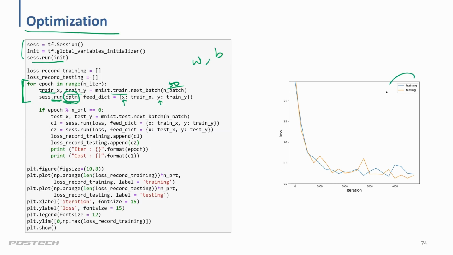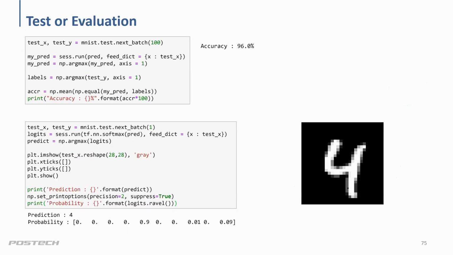I plotted it, and as you can see, the loss value is decreasing over the number of iterations. In order to test and evaluate, I got the MNIST data set from the test set, which was never seen during the training process. I have 100.